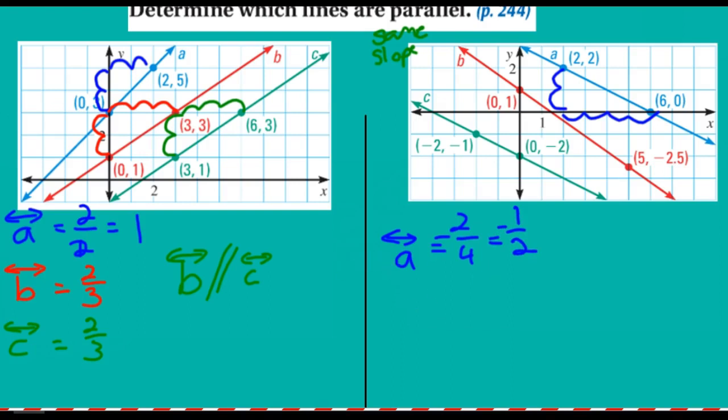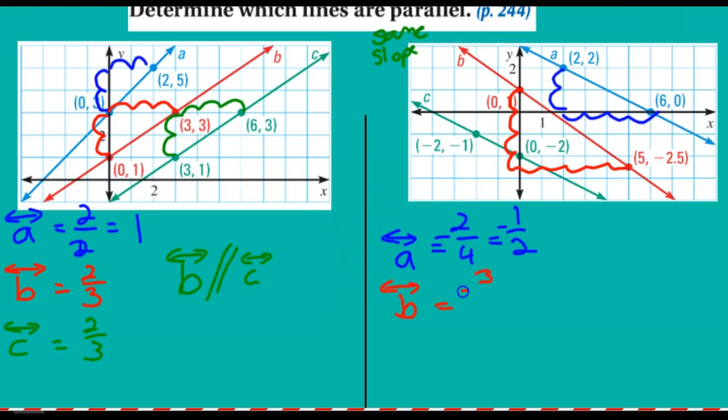Line B goes down negative 1, 2, 3 and a half over 1, 2, 3, 4, 5.